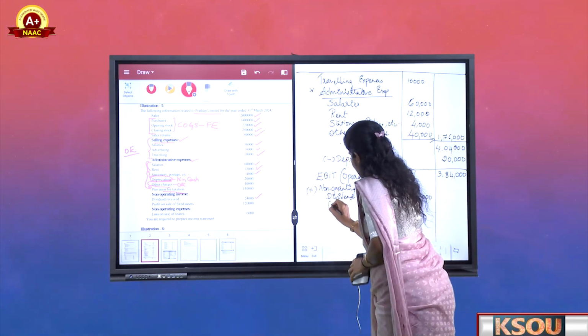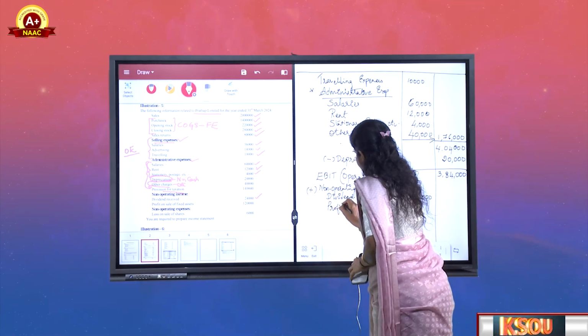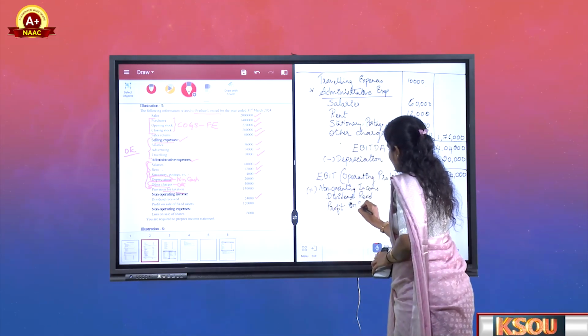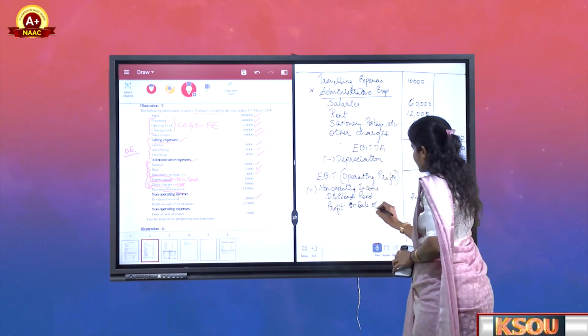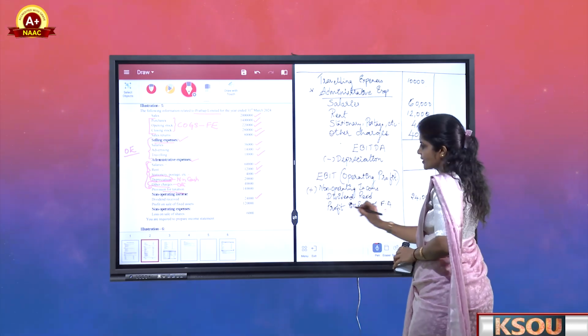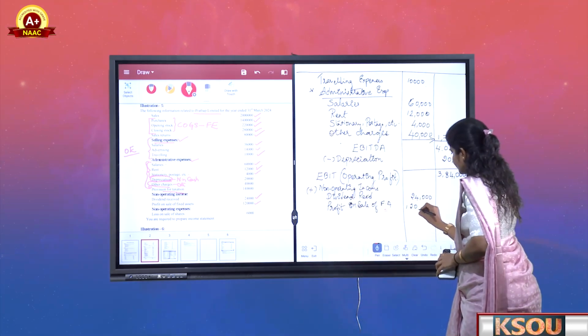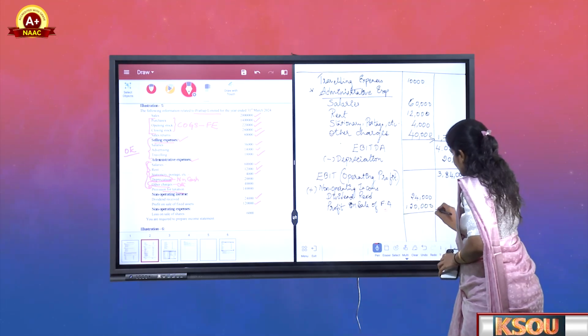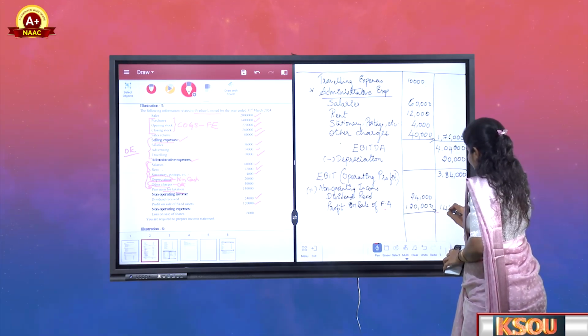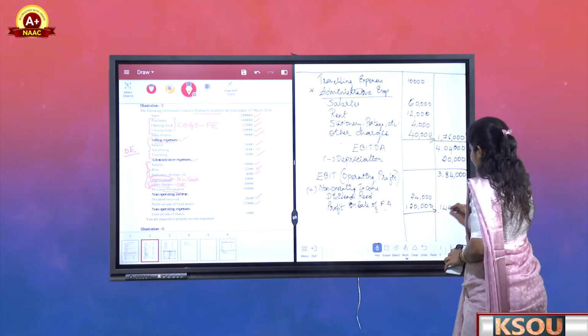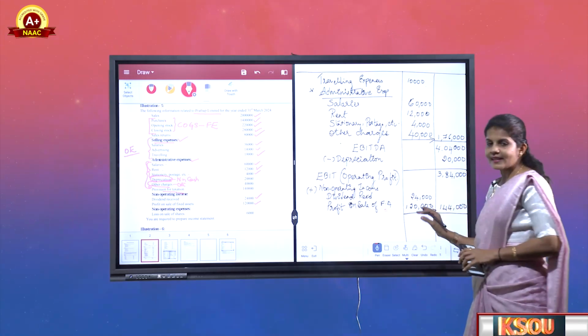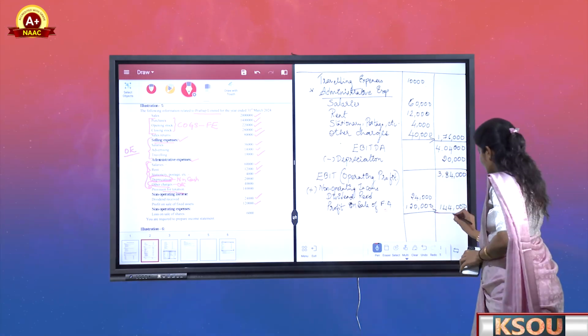And profit on sale of fixed asset, it is 1,20,000. So the total is 1,44,000. So now we have to add this to the operating profit.